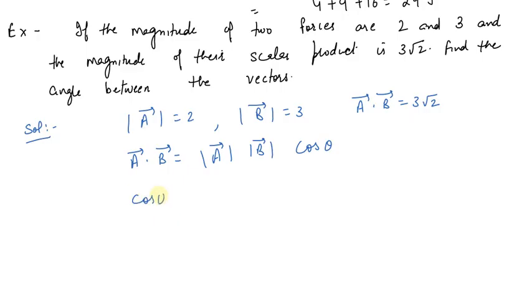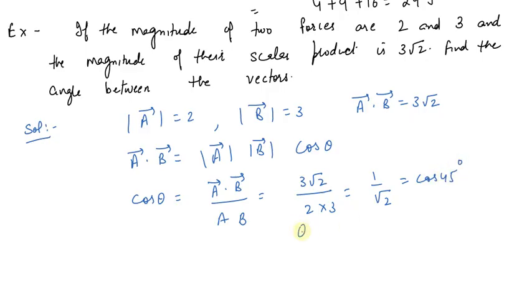Now cos theta is equal to A dot B divided by AB. This is 3 root 2 upon 2 into 3. This becomes 1 by root 2, that is cos 45 degree. So angle between them is 45 degree.